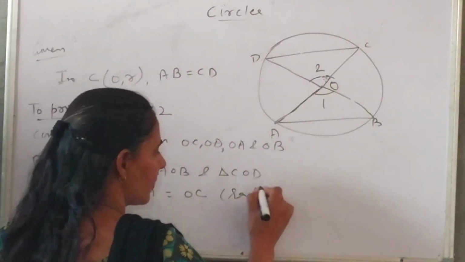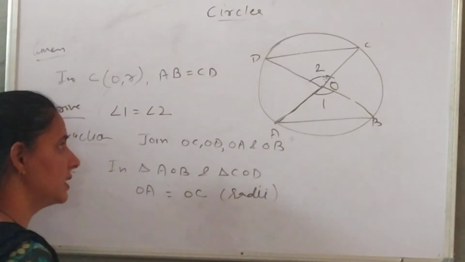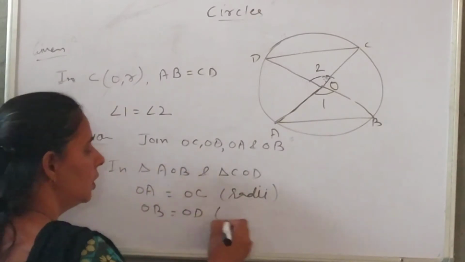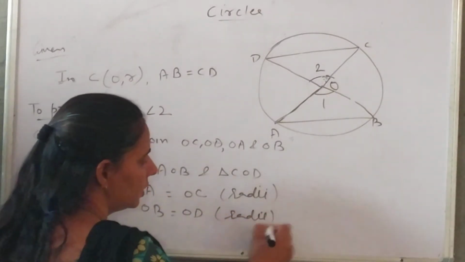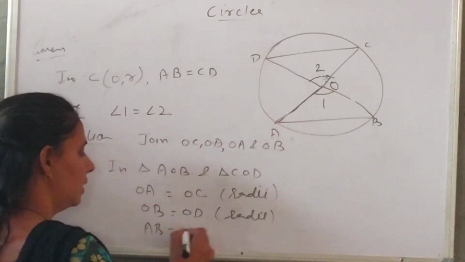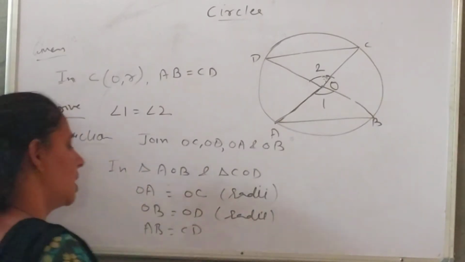So OA and OC are equal because these are radii of the same circle. Similarly, we can say OB is equal to OD. These are also radii, and this AB is equal to CD. Given here AB and CD chords are equal.